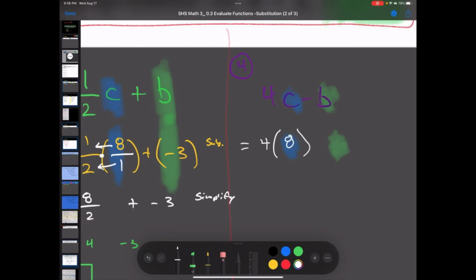Remember, you have to do the substitutions. And you have the minus sign because that's what you have above. Then you do the substitution in parentheses. So the B value is -3. Don't forget to use your order of operations, which would tell you multiplication before you add or subtract. So that would be 32 plus 3, because this is the opposite. And this would give us 35.